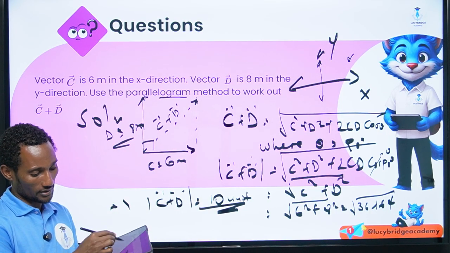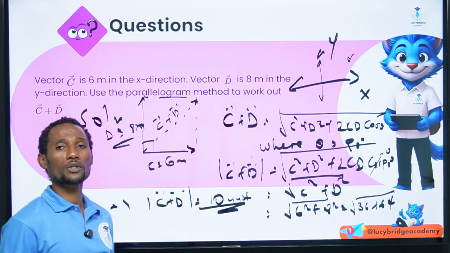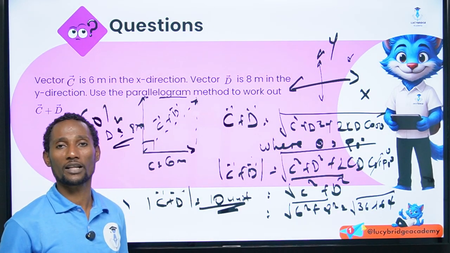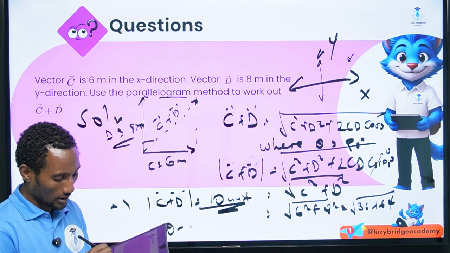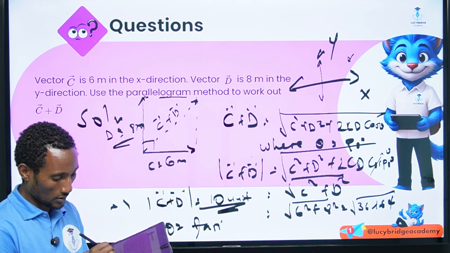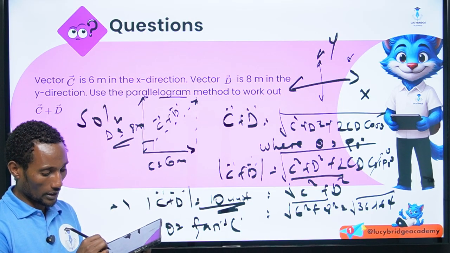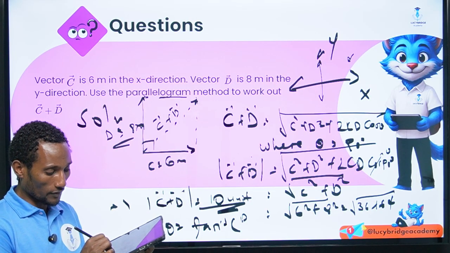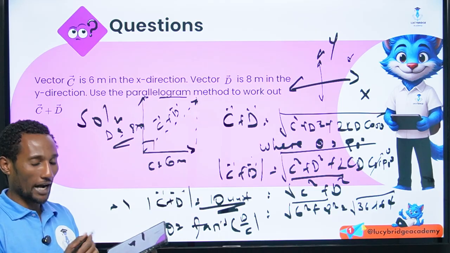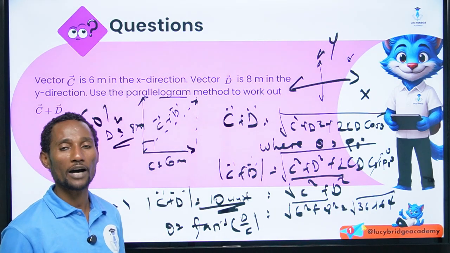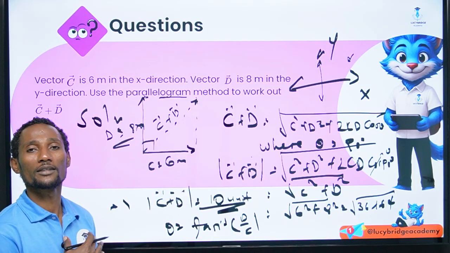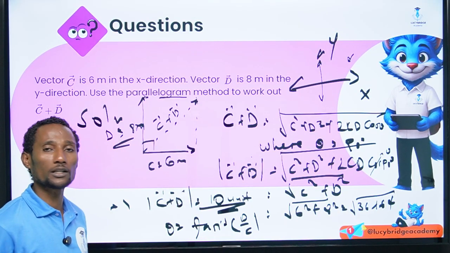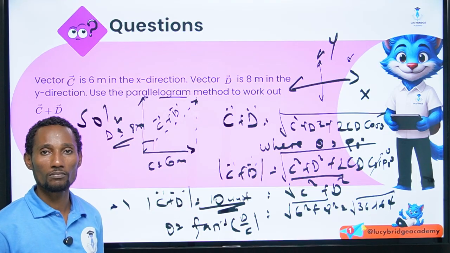10 units toward the northeast, at 45 degrees. The direction is found using tan inverse of theta, which is tan inverse of D over C, resulting in 45 degrees. In such a way, the parallelogram law is converted to the Pythagorean theorem.